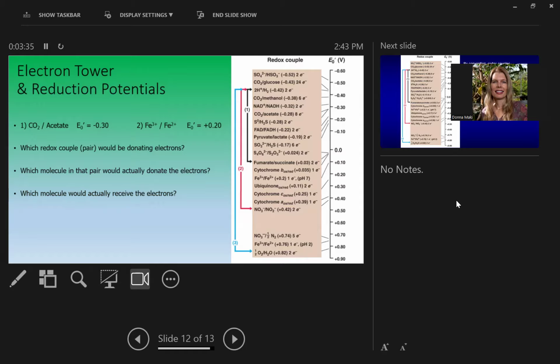So acetate donates, who's gonna be there to accept? The Fe3+. The one to the left is the oxidized version, and that means it's ready and capable of accepting electrons. So if you were to write this out in a reaction, you would say acetate plus Fe3+ goes to CO2 and Fe2+.